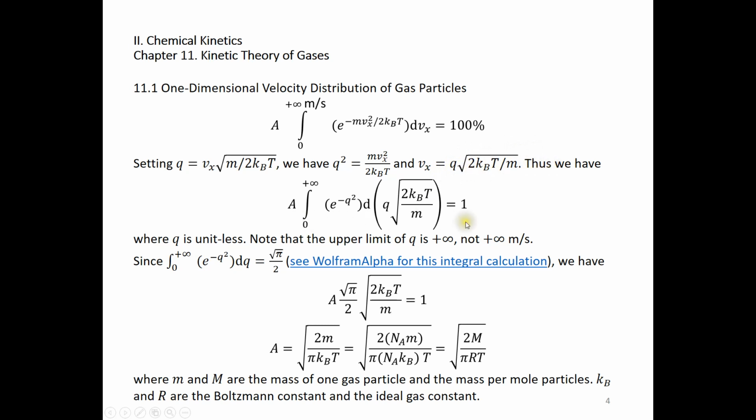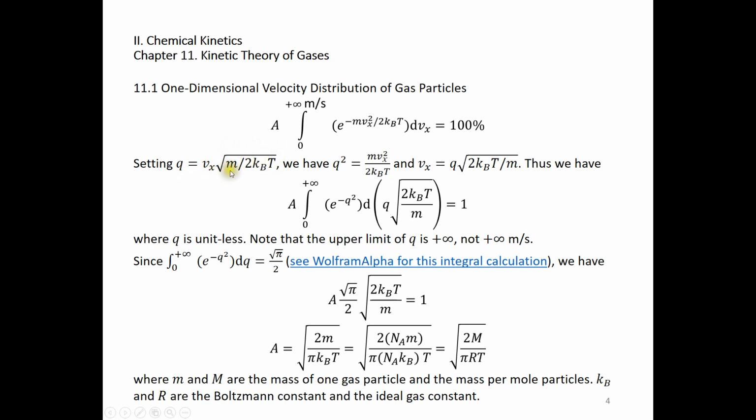And now we have this integral rewritten in terms of q. This Gaussian function becomes e to the power of negative q squared. The Vx is just q times this square root of 2kBT over m. So this whole thing is just 1. q is unitless. You can double check. This Vx is in meters per second, but this square root is going to be in seconds per meter. So overall, q is unitless.